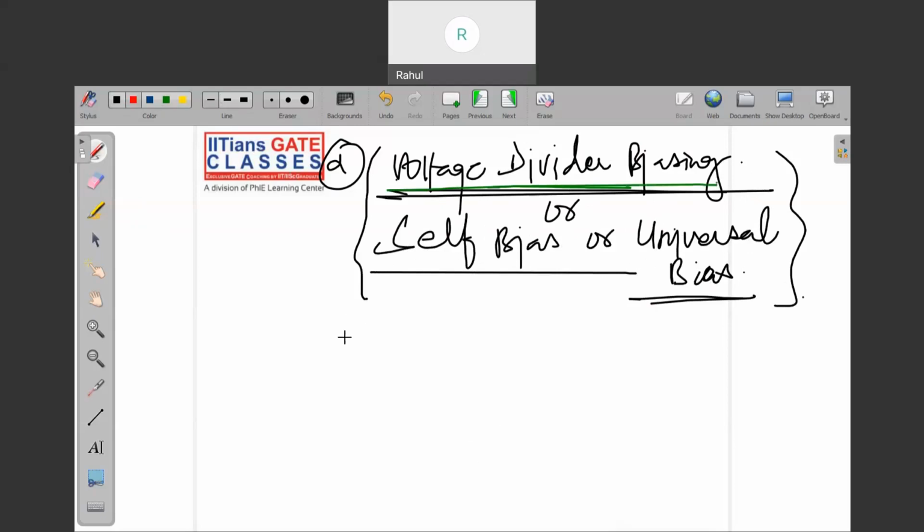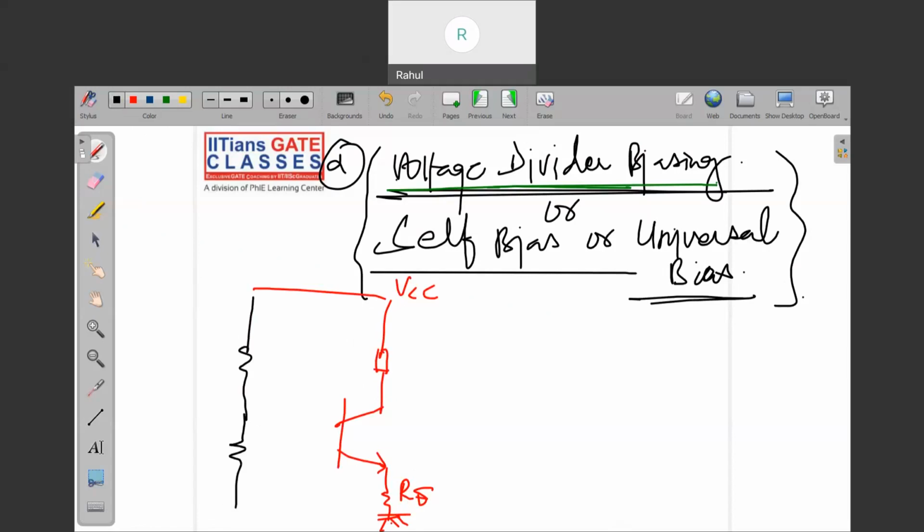So what is voltage divider biasing? Basically, the load is given here and the transistor. Now I'll take RE as well, because RE will not harm here, and you can power up your transistor and bias it along with these two resistances.